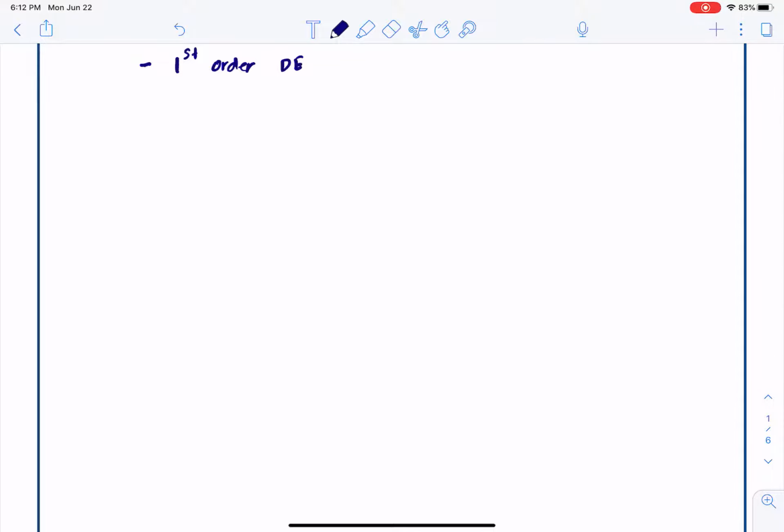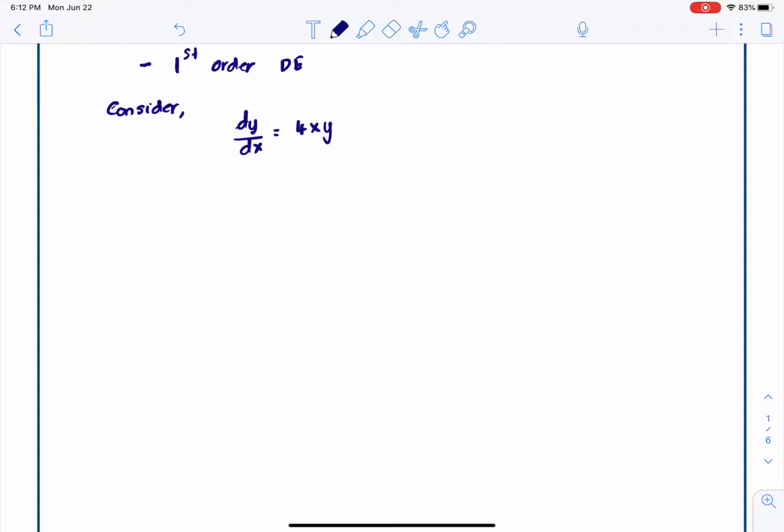So suppose we have dy over dx equals something for xy. Now that particular equation is separable.